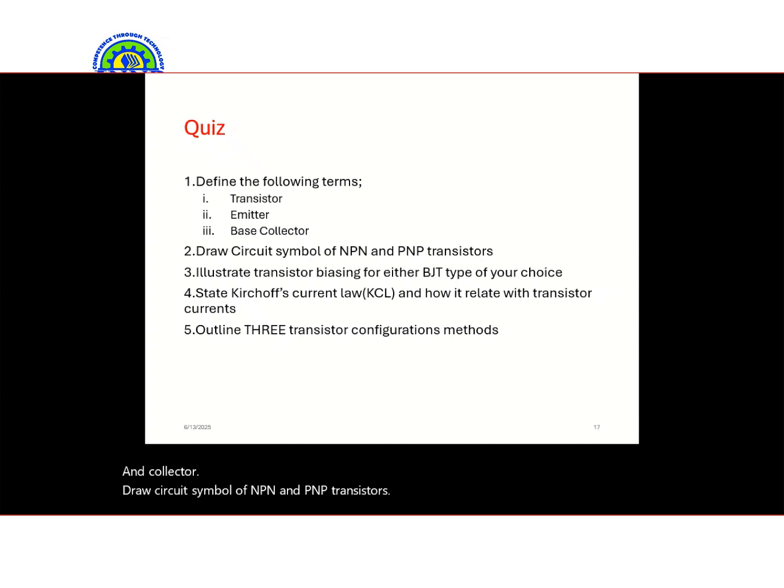Illustrate transistor biasing for either BJT type of your choice. State Kirchhoff's current law and how it relates to transistor currents. Outline three transistor configuration methods.